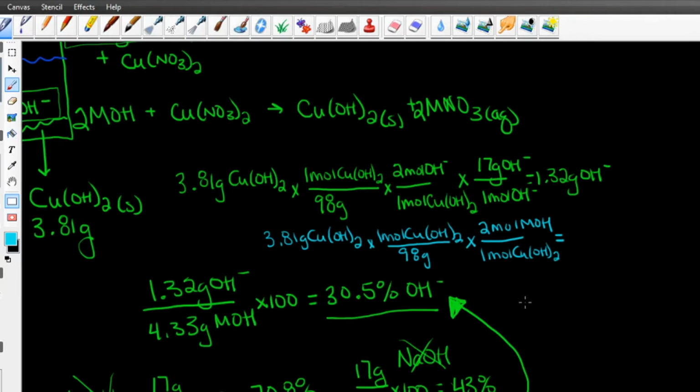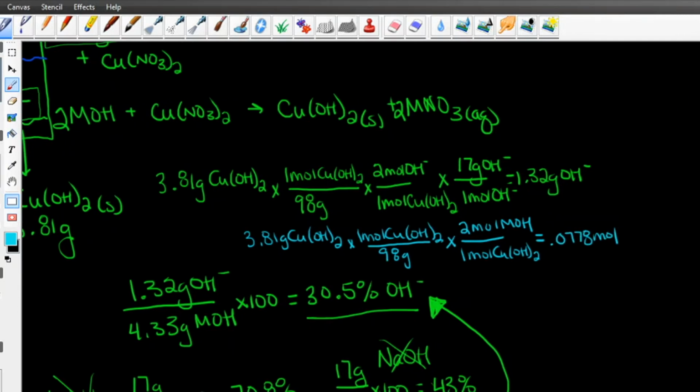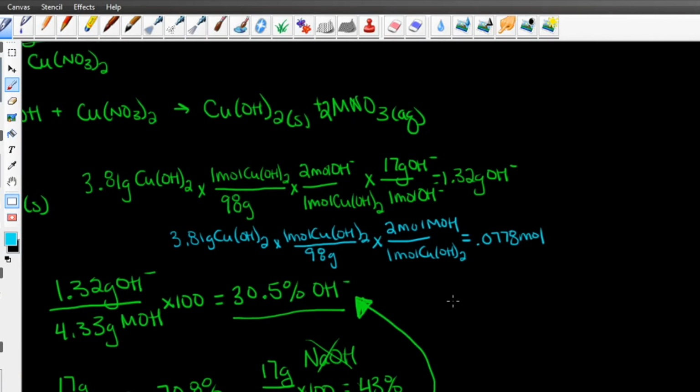So 3.81 times 2 divided by 98 is equal to 0.0778 moles. And if I know that originally I had 4.33 grams, and I divide that by the 0.0778 moles, this gives me the molar mass of that unknown compound.